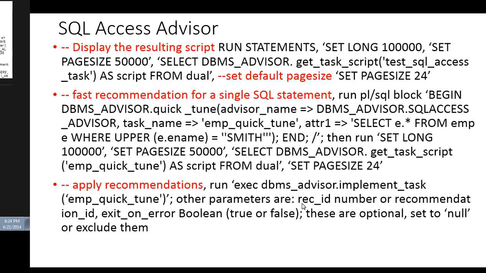In running this implement task procedure, you have the task name field, the REC underscore ID field, which is the recommendation ID field, and the exit on error field, which is a Boolean field. It's either going to be true or false.